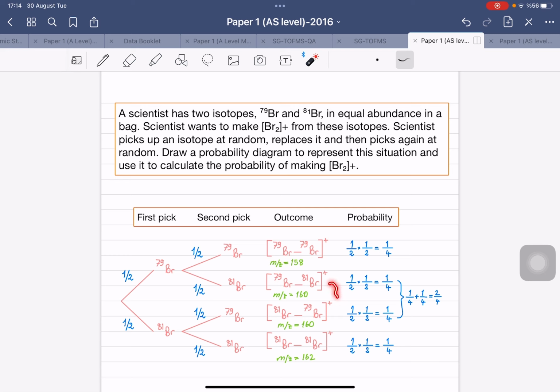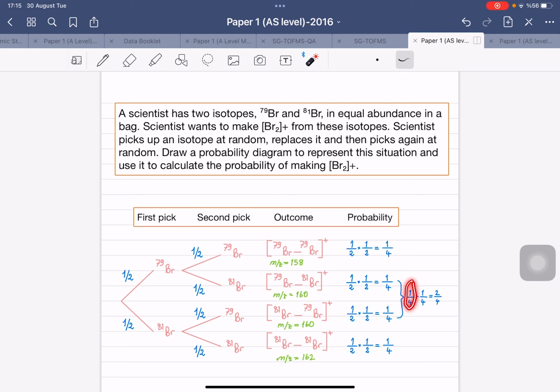These two molecular ions are the same, and if I multiply the probability of the first pick and the second pick, then I will get the probability of making these ions. Since both of these ions are the same, I will get a probability of 2 out of 4.